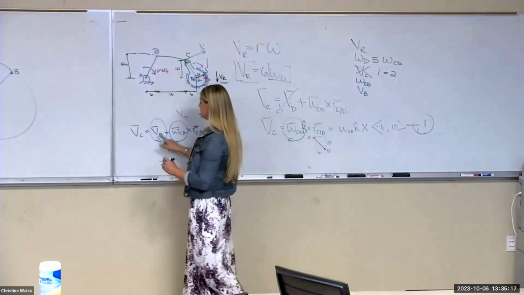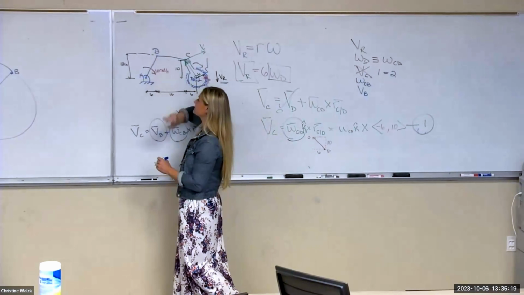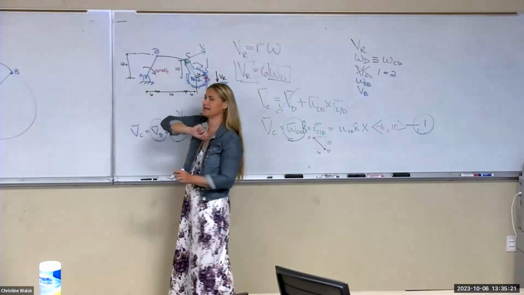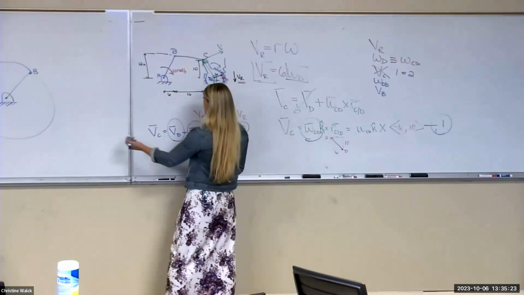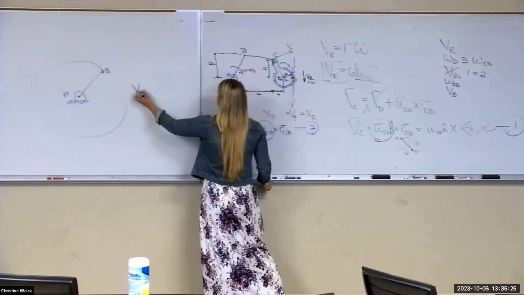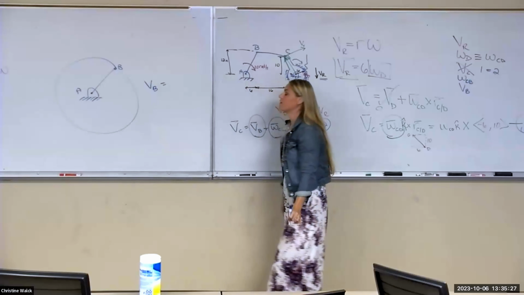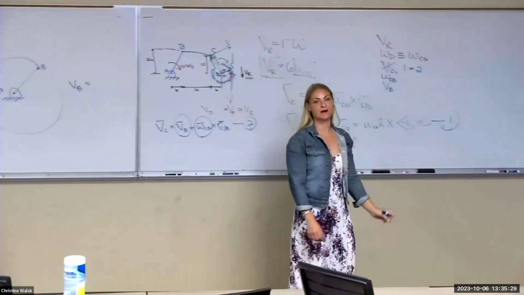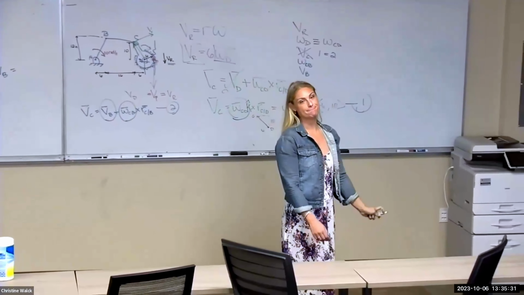And I can find VB because VB is also on the rigid body AB. So I can say that VB is equal to, what type of motion is the rigid body AB undergoing?